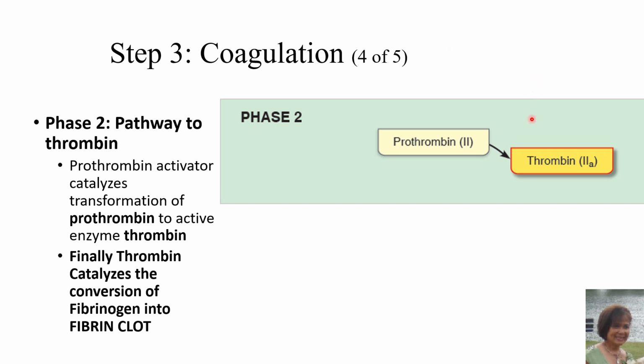The prothrombin activator will activate the conversion of prothrombin to thrombin. And thrombin would catalyze the conversion of fibrinogen into the fibrin clot. This is very important. Thrombin is the one that would result in the conversion of fibrinogen to the clot itself.